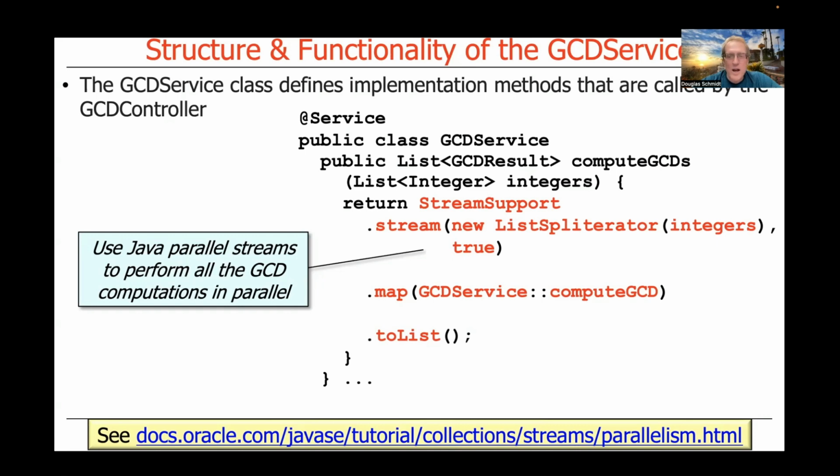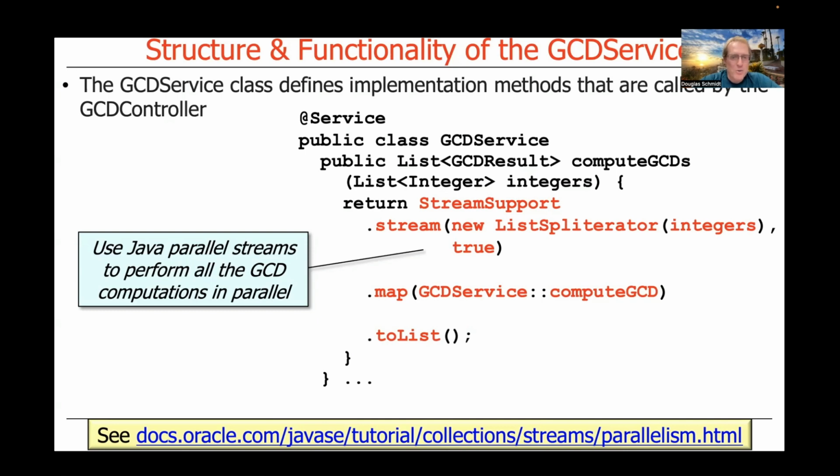It can be used to automatically convert whatever data items you've got into a stream. And the way you do this is you pass an instance of a splitterator to a method called stream on the StreamSupport class. And that will automatically do whatever the splitterator is programmed to do to convert your data type into a stream. And by passing in the true parameter here, we're telling it to create a parallel stream.